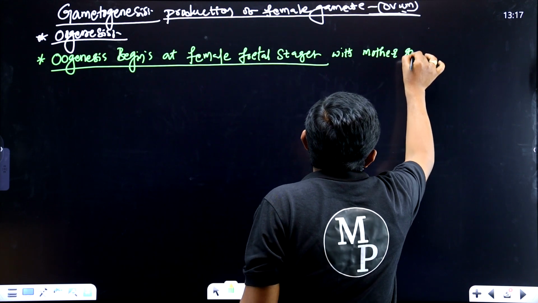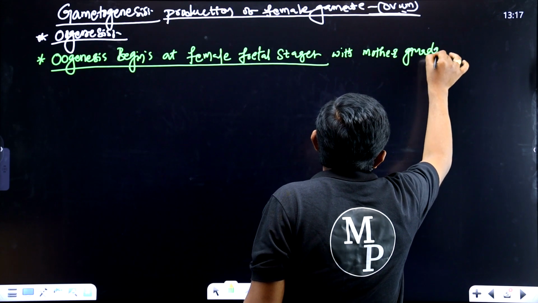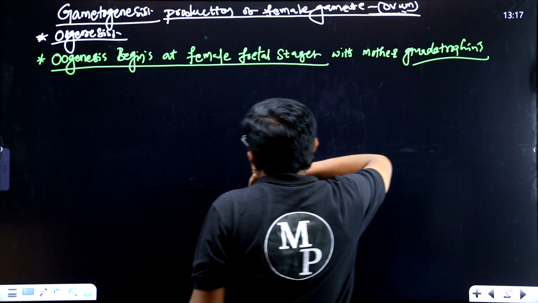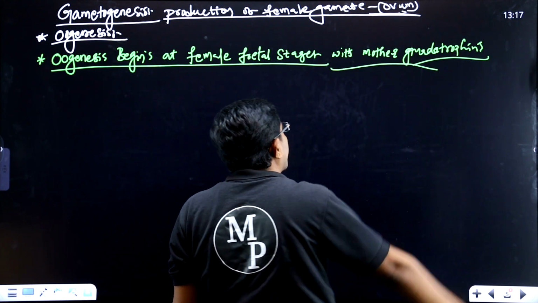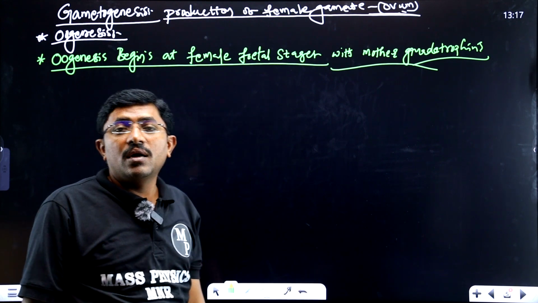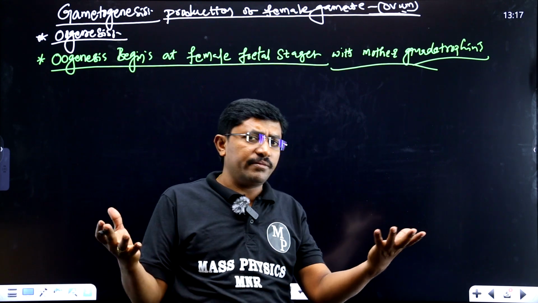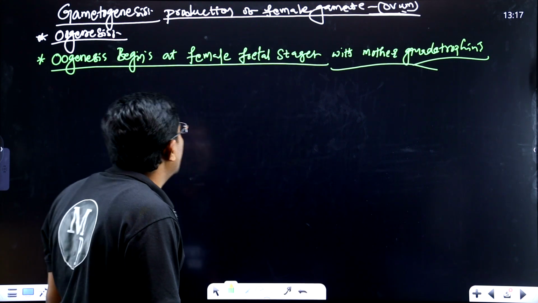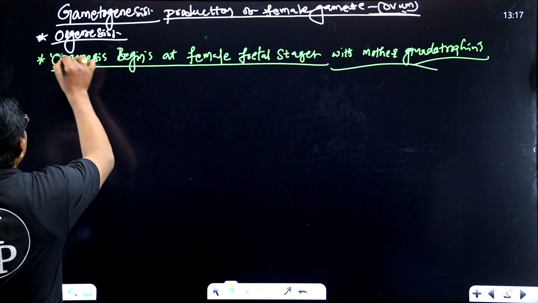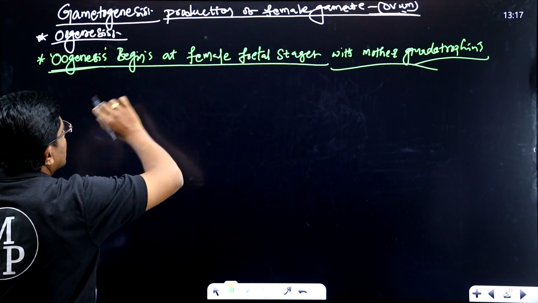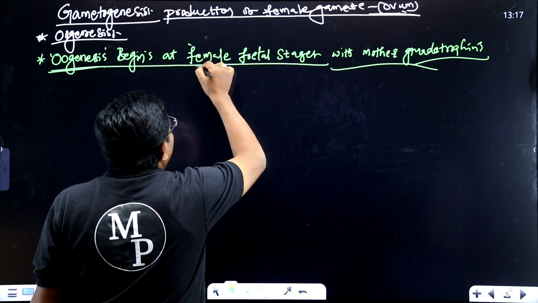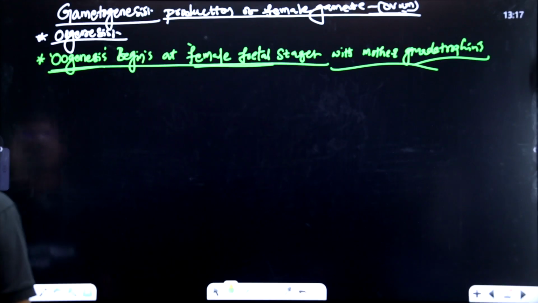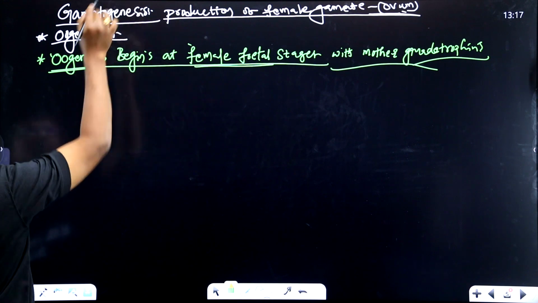And the mother gonadotrophins enter into the fetus body through the placenta as usual. ప్లాసెంటా నుంచి క్రాస్ అవుతాయి. సో ఇది ఫస్ట్ oogenesisలో మనం డిస్కస్ చేయాల్సిన ప్రాసెస్. ఫీటల్ స్టేజ్లో స్టార్ట్ అవుతుంది ఇక్కడ. Okay, female fetal stage లో స్టార్ట్ అవుతుంది oogenesis. Okay, it is first point.